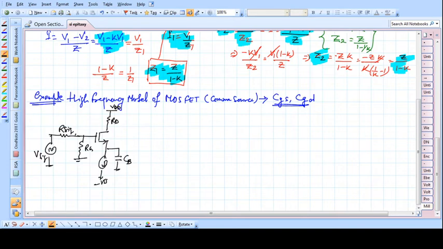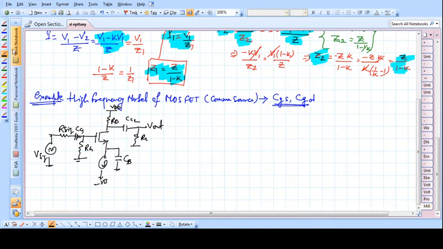Or you can put one more capacitor, say CC1 and CC2, and RL.